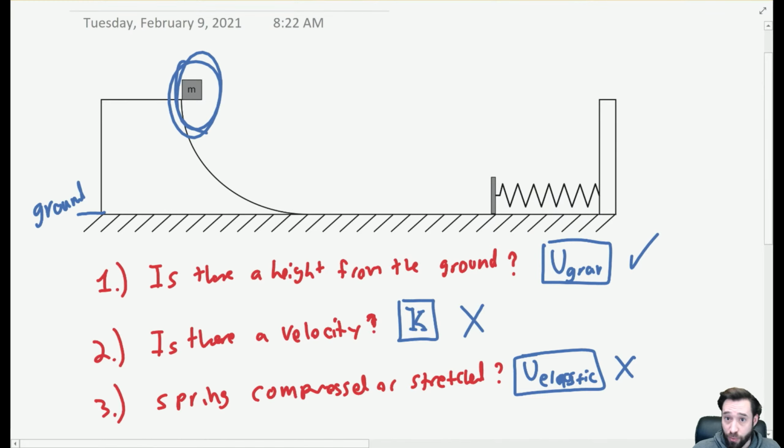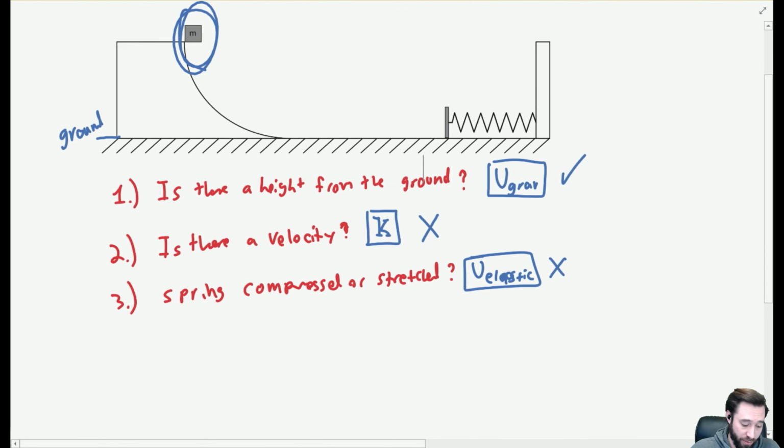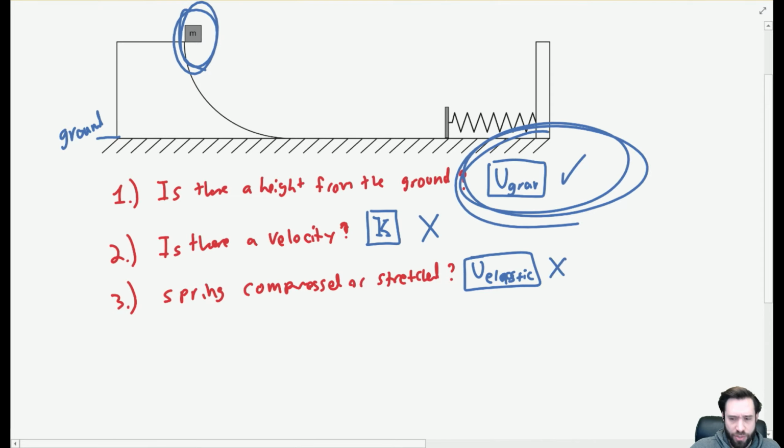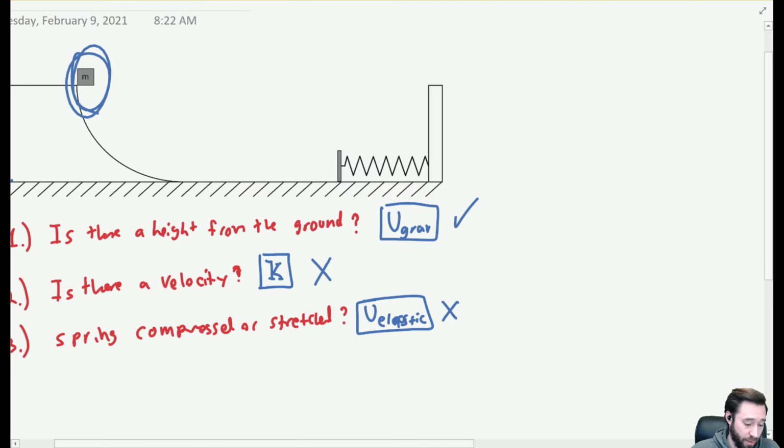So there's no U elastic at state 1. The only one we got a check mark for is going to be gravitational potential. So at state 1, we have gravitational potential.